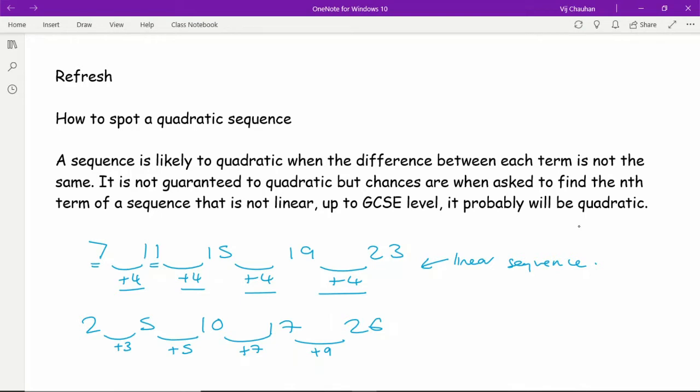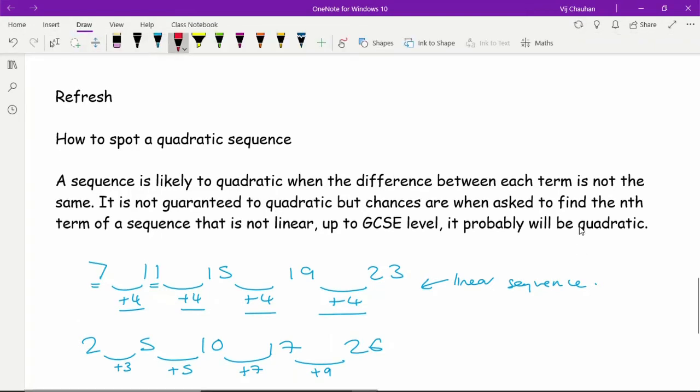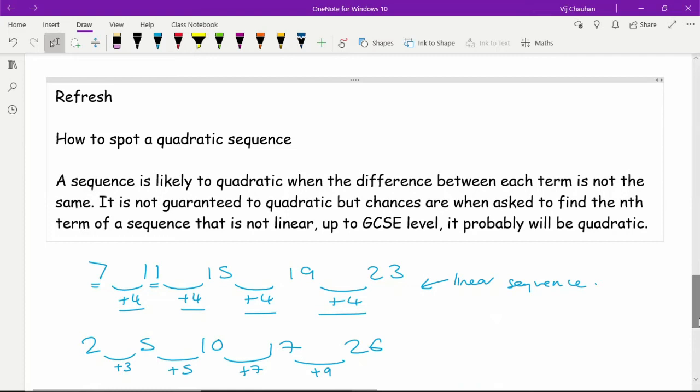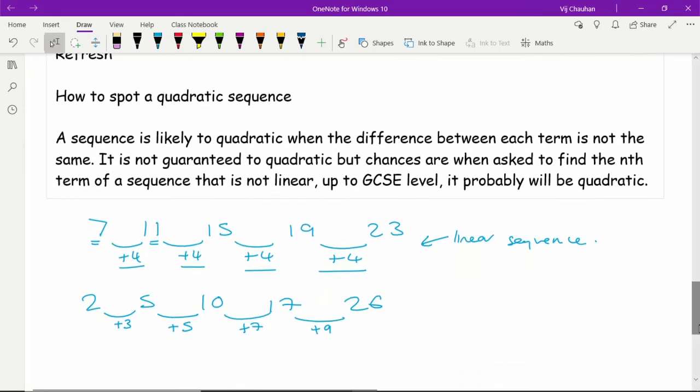If we look at the difference between each term on this second string of numbers, we can see that what I like to call the double difference, or the difference of the difference, is +2.